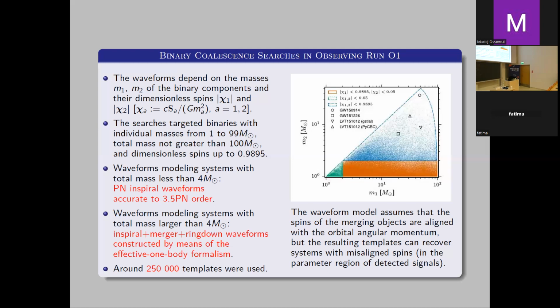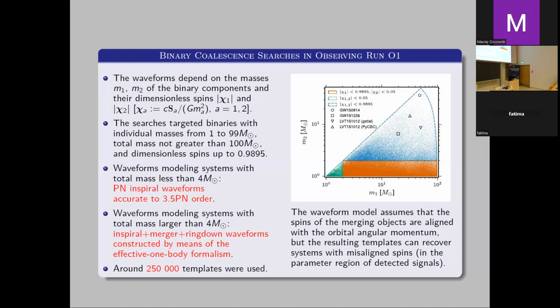It means that, in fact, we assume here that during the inspiral, the spins of the coalescing black holes are parallel to the orbital angular momentum of the binary. Of course, you can check that also if the deviation from this assumption is not very large, then there is also a good chance to detect the signal.